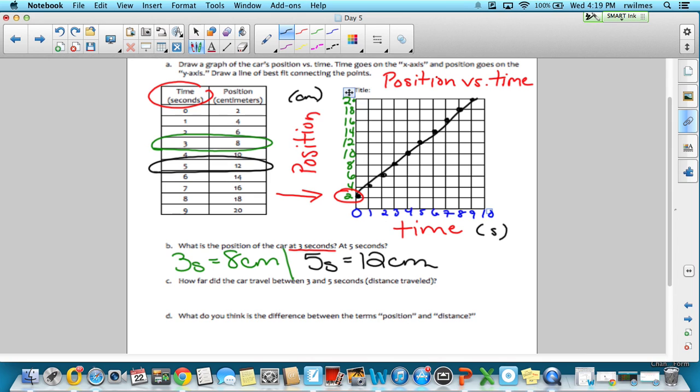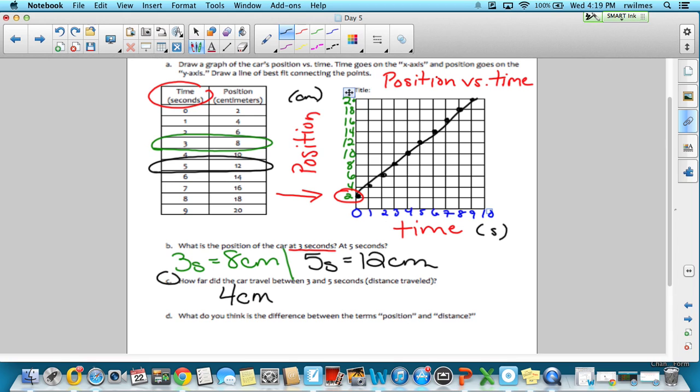Awesome. Now the next one, 1C, is asking us how far did the car travel between 3 and 5 seconds? All right, let's check this out. If we start at 8 centimeters and we go to 12 centimeters, aren't I having a change of position of 4 centimeters? All right, I want to show you how we found that.